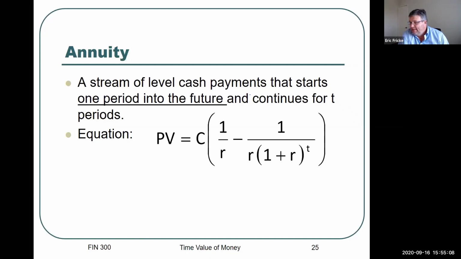Mathematically, it basically takes the value of a perpetuity and then subtracts from it the cash flows that happen after the annuity. I don't think it's really beneficial to us to go too much into the details of the derivation, but it's a little kludgy in terms of having to do it on paper and calculator, but it's quite doable. We will also look at how to do it in Excel. Okay.